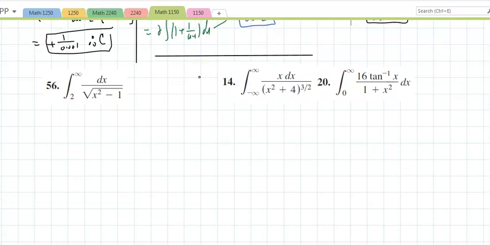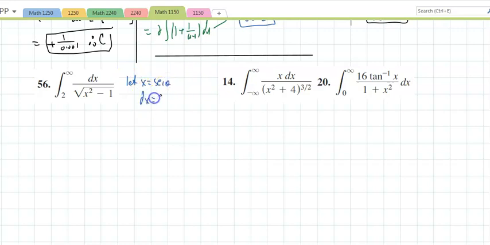I'd like to look at number 56 next, and let's see how that plays. If you recognize what this is, that's good. If not, I would let x equal the secant of theta, right? dx is secant of theta, tan of theta, d theta. So this is the integral of, that is secant squared of theta minus 1, dx is secant of theta, tan of theta, d theta.